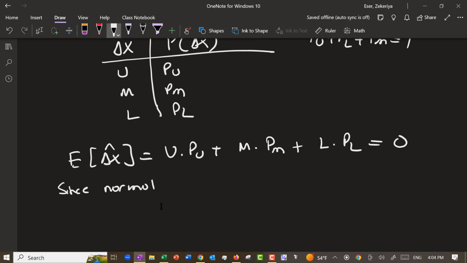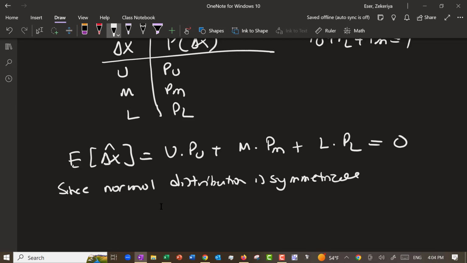Since normal distribution is symmetrical, we must have PU equals PL and U equals negative L. It has to be symmetrical. I mean, if you're going up by 1 at the top, the down has to be negative 1.